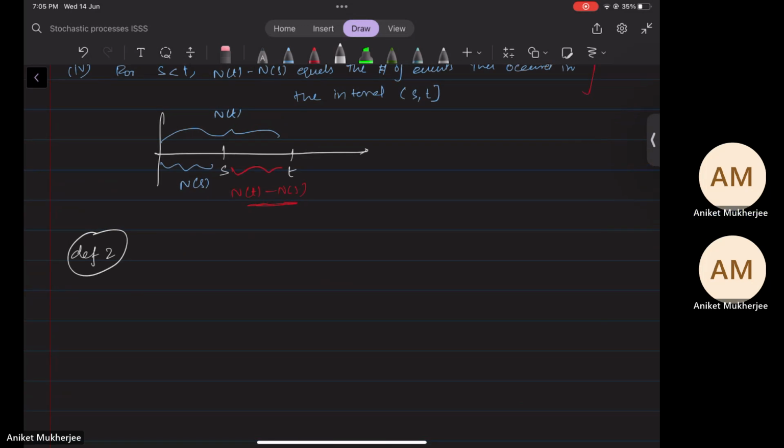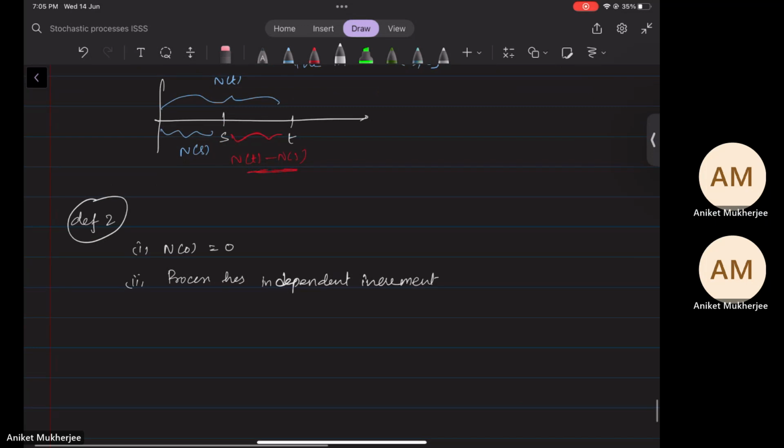Definition two is: one, N(0) equal to 0; two, the process has independent increments. We have seen what independent increments are: non-overlapping times are independent.